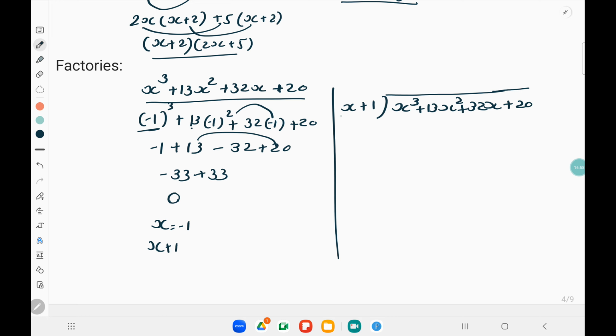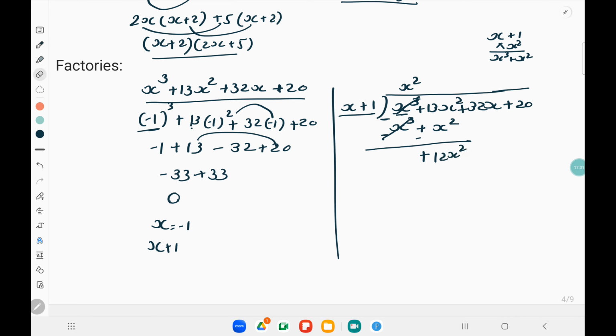Okay, so here we need the x cube. So what do we multiply? x plus 1 times what? x square, right? And that gives us x cube plus x square. Because we are subtracting, both are negative, so this is going to cancel out, and 13x square take away 1x square becomes plus 12x square.